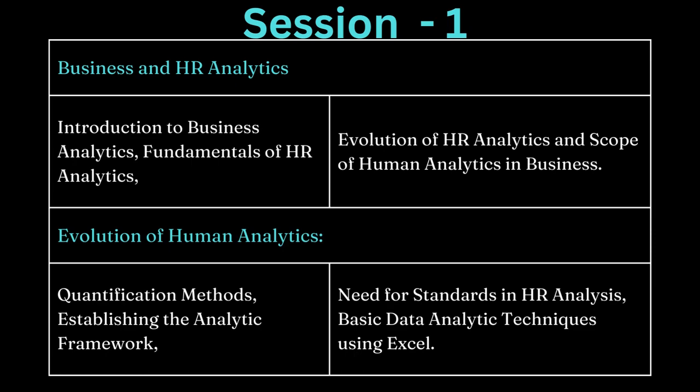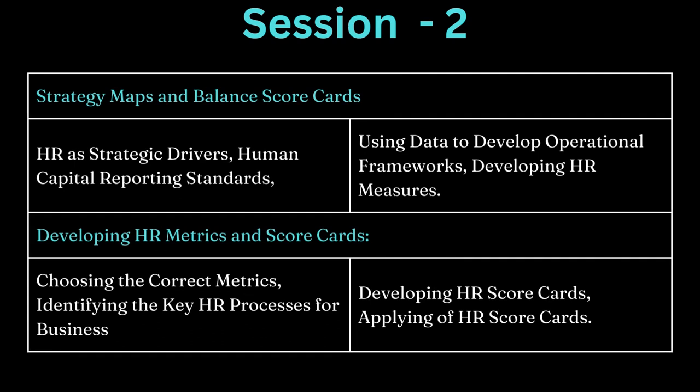And then in session 2, we'll start with looking at, because you can do analytics, but ultimately, if you cannot quantify what should be tracked or what kind of analytics should I do? So you need to understand business. And we'll be doing the balanced scorecard, which is a measurement tool by which we will be establishing both lead indicators and lag indicators for all the functions.